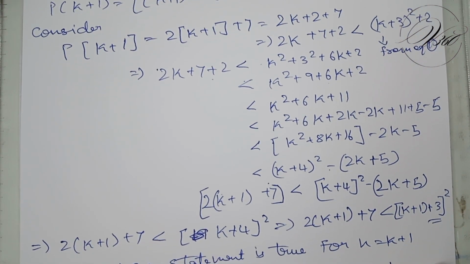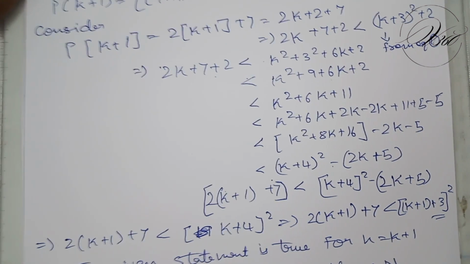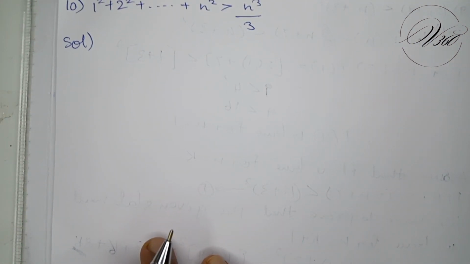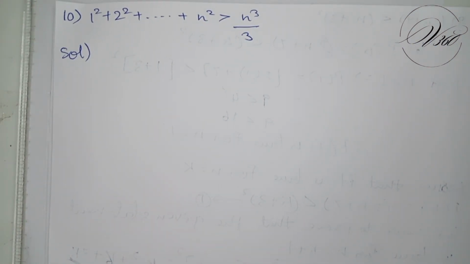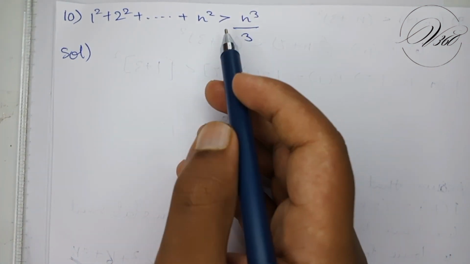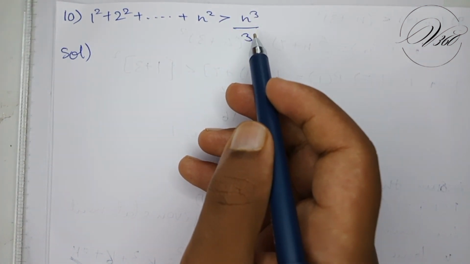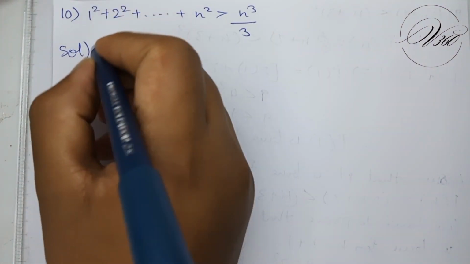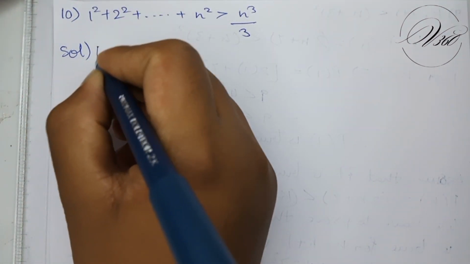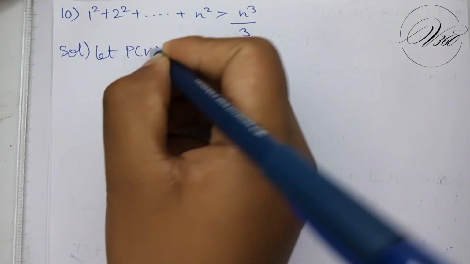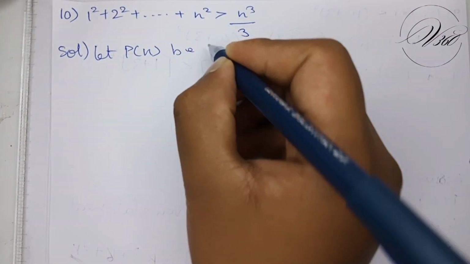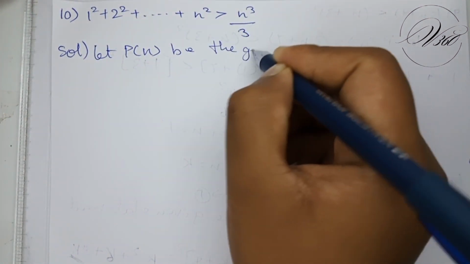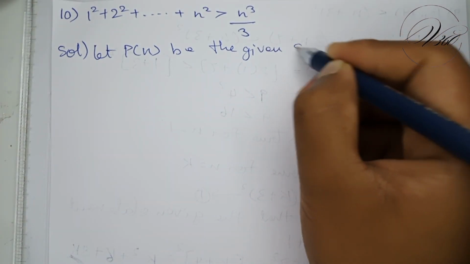Now we will go to the next question, that is, now we are with the 10th question, that is 1 square plus 2 square plus up to n square, which is greater than n cube by 3. Now let us solve this question, okay. Let P of n be the given statement.